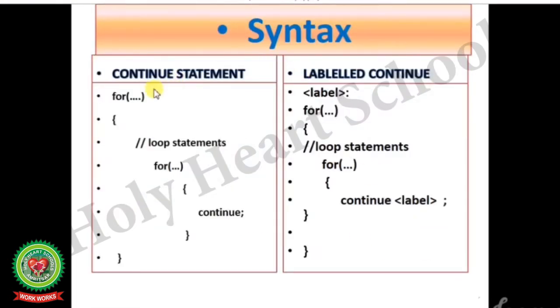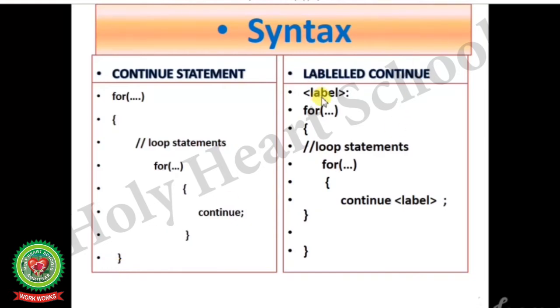Now we will compare the continue statement with the labeled continue statement with the help of syntax. For followed by a statement, the outer loop starts, for again followed by a statement, then curly bracket starts, that is the inner loop, continue statement semicolon, inner loop closed and the outer loop will be closed.